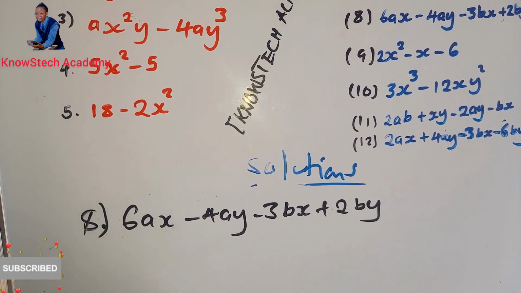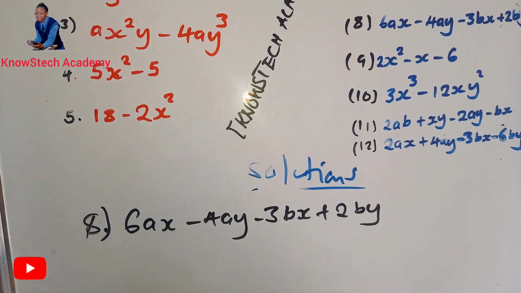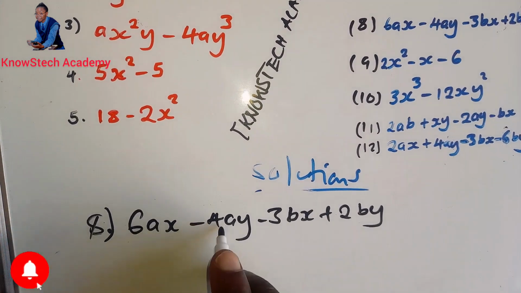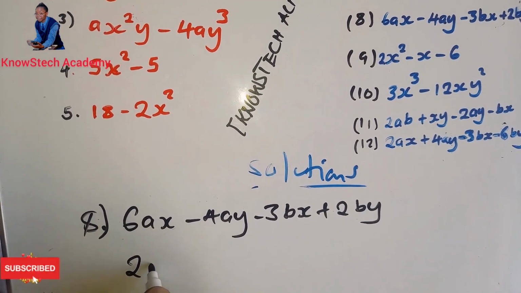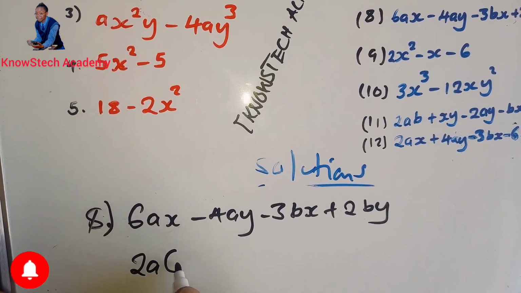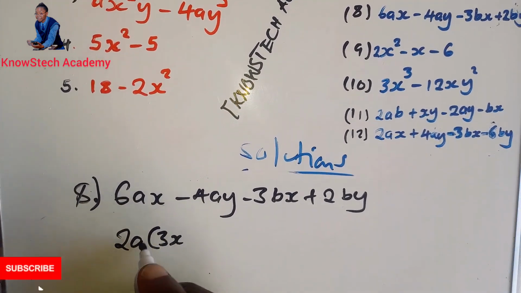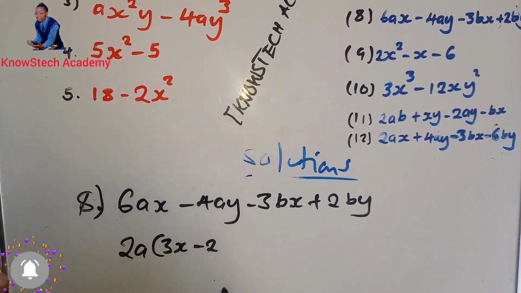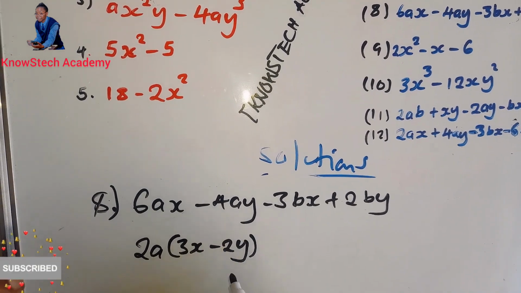Now when you look at the first 2 terms, they're already grouped. Between 6 and 4, 2 is common, so 2 outside, and a is also common. 2 into 6 is 3 times, a and a will cancel, remain with x, minus 2 into 4 is 2 times, a and a will disappear, remain with y.